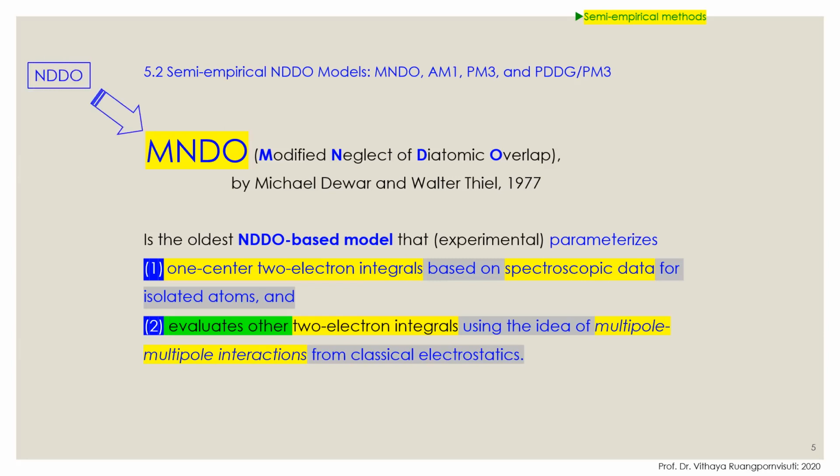The MNDO method has been derived from the NDDO method. MNDO stands for modified neglect of diatomic overlap. It was founded by Michael Dewar and Walter Thiel in 1977.